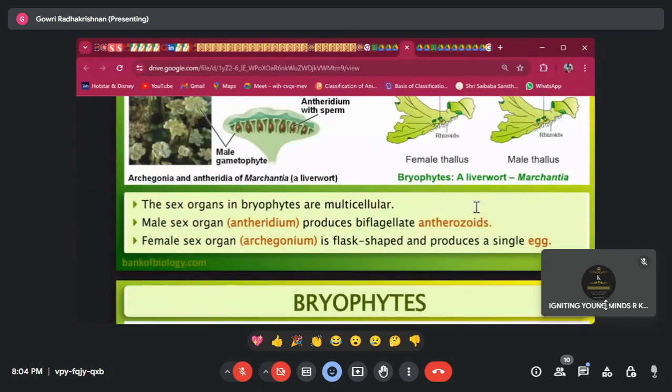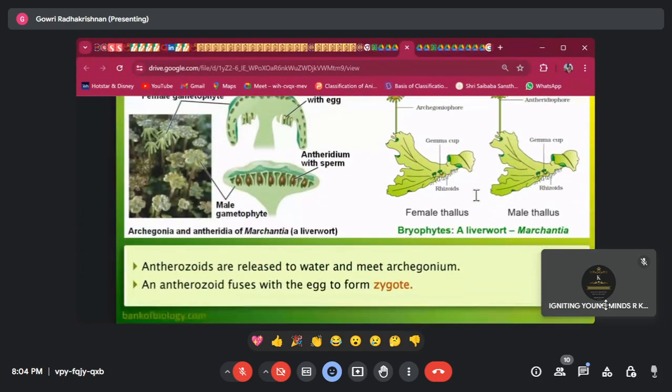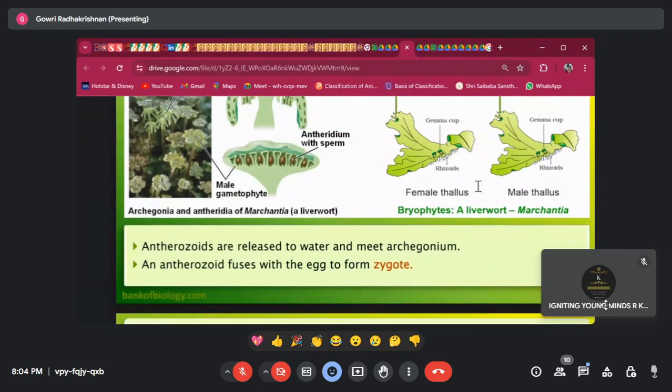The sex organs in bryophytes are multicellular. The male sex organ is antheridium, which produces biflagellate antherozoids, and the female sex organ is archegonium, which is flask shaped and produces a single egg. Antherozoids are released into water and meet the archegonium.